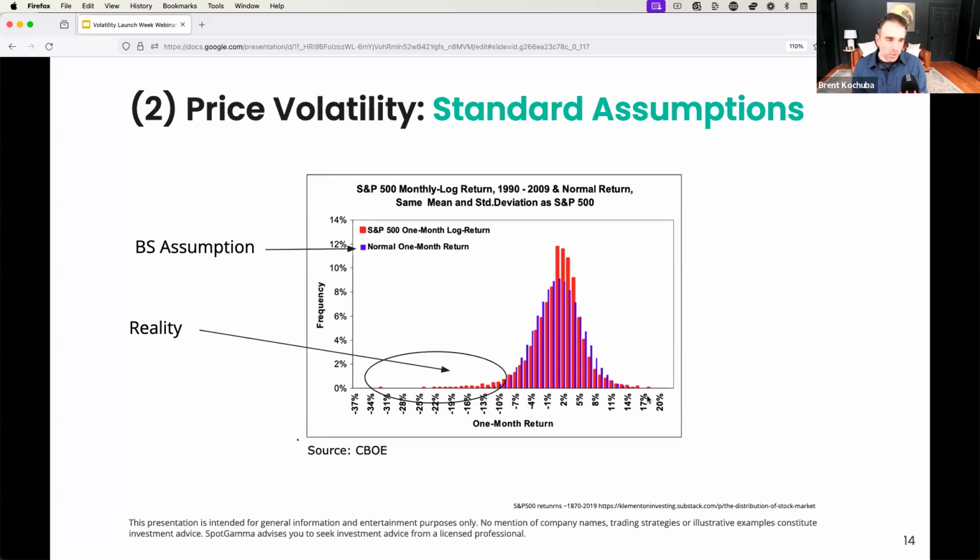And when you look at the logic inside of Black-Scholes, you find that they are basically using something like that assumption for the return of underlying stock prices. So again, Black-Scholes assumes that prices are normally distributed, technically log normally distributed. The problem with that is that we all know that the market has large jumps.